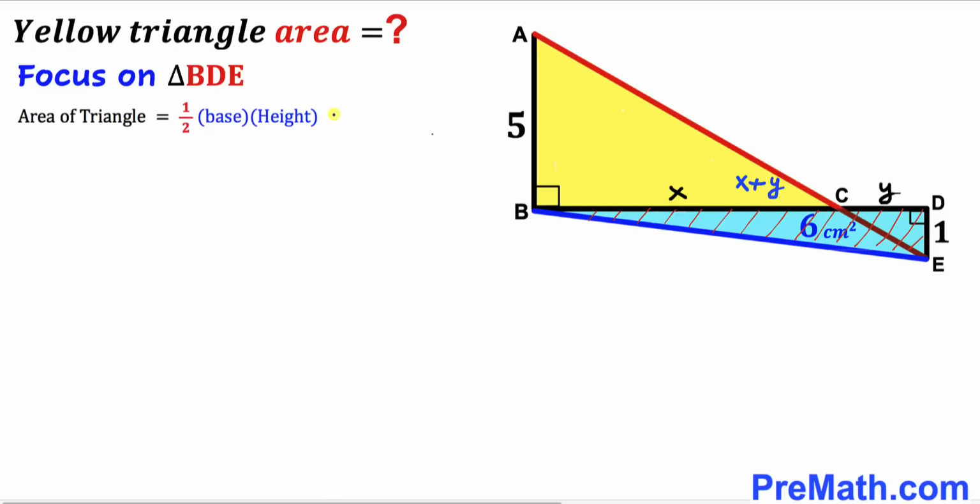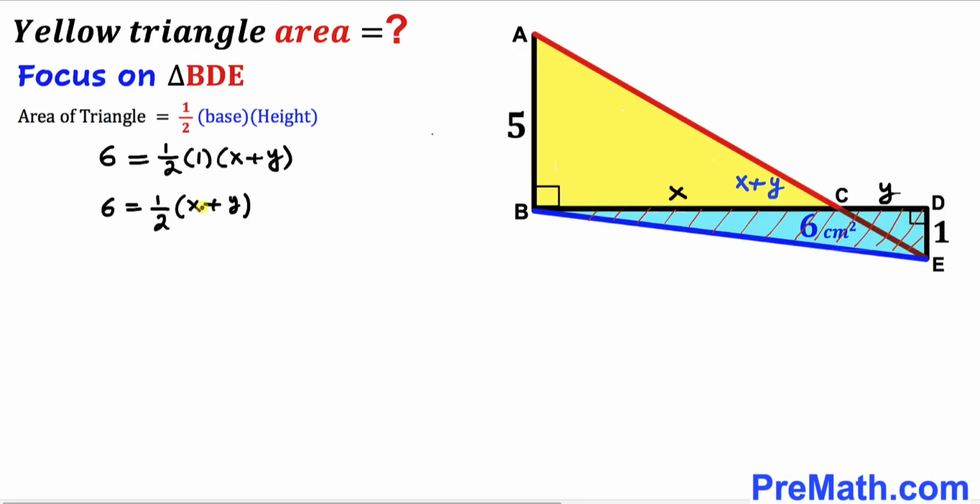Let's fill in the blanks in this formula. So 6 equals 1 divided by 2 times 1 times x plus y. This can be written as 6 equals 1 divided by 2 times x plus y.